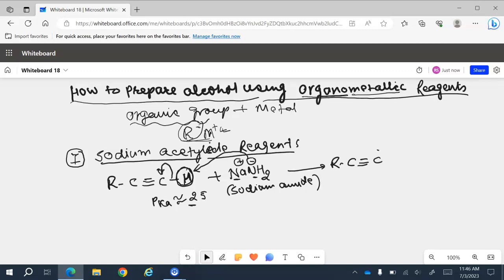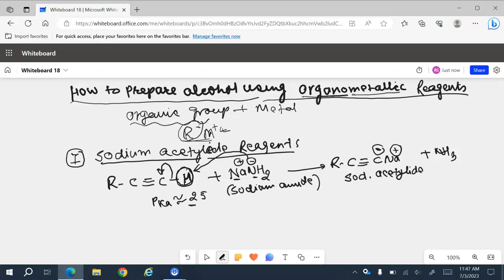Now, when this carbon is negatively charged, the sodium will sit next to the carbon with its positive charge. This is what we call sodium acetylide. And of course, the amide has grabbed the proton, so ammonia will be the side product.